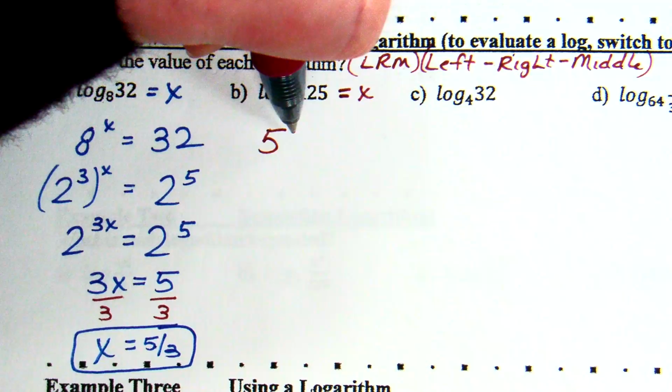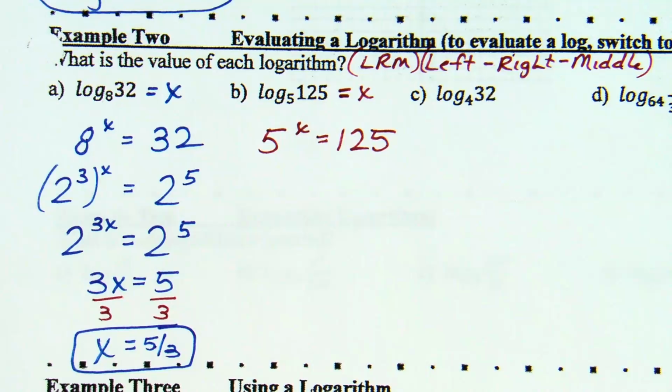Okay. 5 to the x equals 125. What are you asking yourself here? Can we make them have the same base?